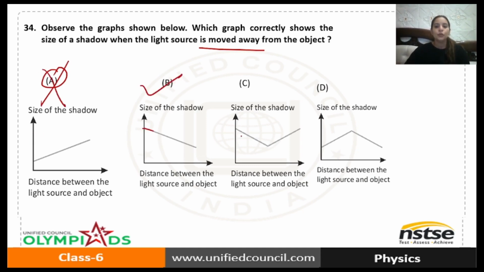Yes, it's true. It shows that it decreases. Then it says decreases and then increases. No. Again, it shows it increases and decreases. Again, no. So you need to remember, if the source of the light and the object are close to each other, then the shadow formed will be bigger in size. And if you increase that distance, then the shadow cast will be smaller in size.